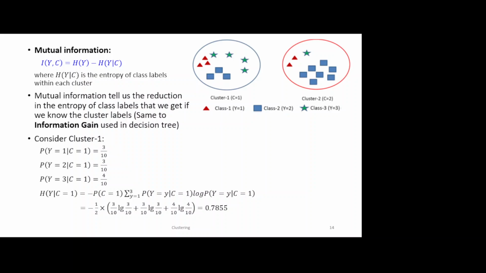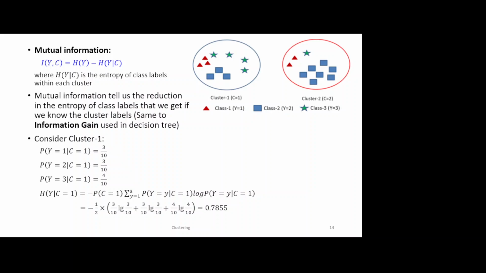The first term is the probability of cluster 1. You have 2 clusters, so the probability of belonging to cluster 1 is 0.5. The next term represents the entropy. This summation just calculates the entropy we mentioned earlier.